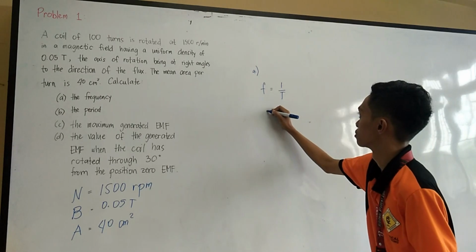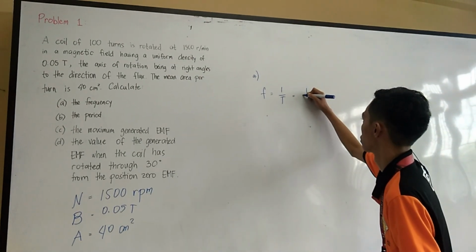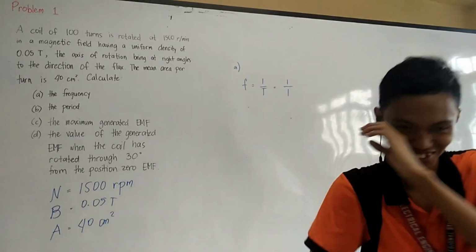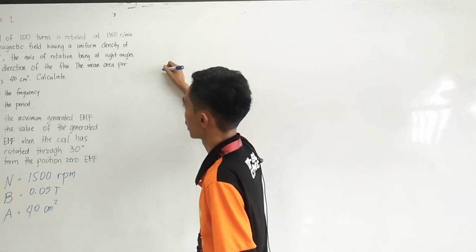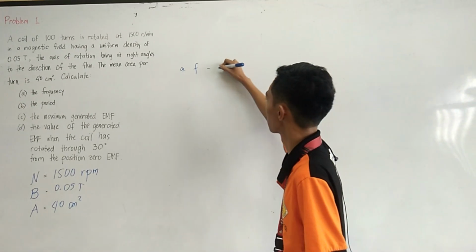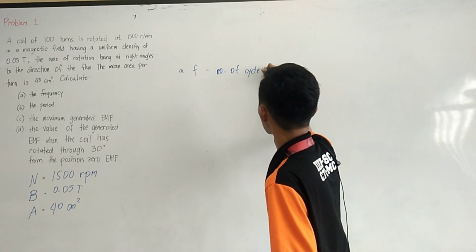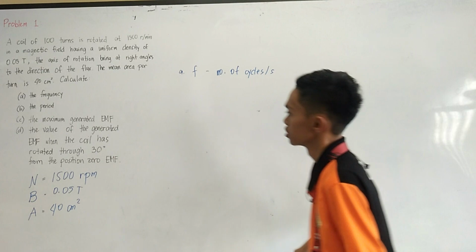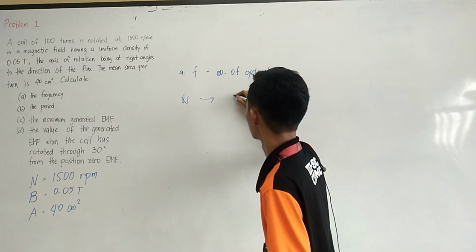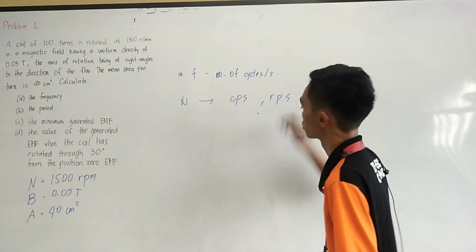Now, for 1 over N. Oh, yeah, okay, so A. The frequency must be given in number of cycles per second. Since the given N is in RPM, we have to convert it to CPS, or rotation per second.